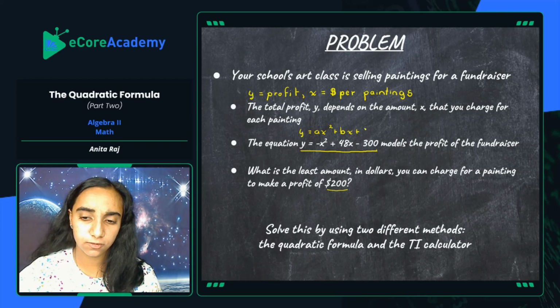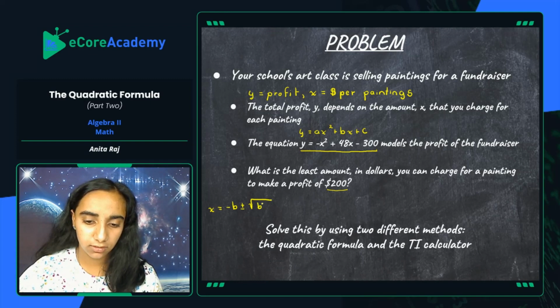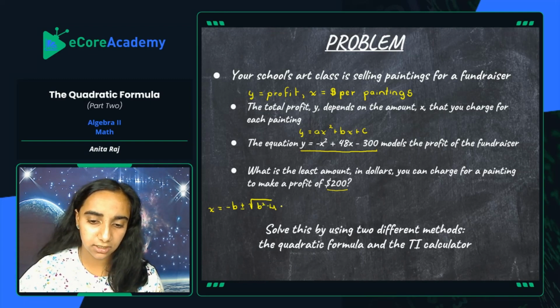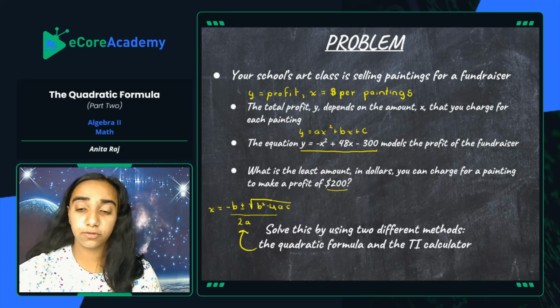It is in standard form. So we can use this for the quadratic formula. And if you remember, the quadratic formula is x is equal to negative b plus or minus the square root of b squared minus 4ac, over 2a. So this is your quadratic formula, and the second one will be your TI calculator. And I'll show you exactly how to do both of those methods.